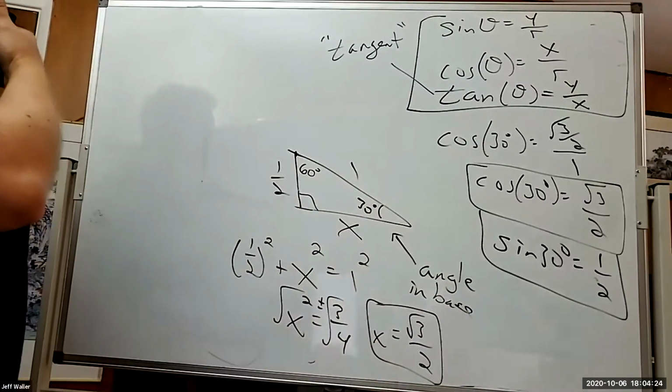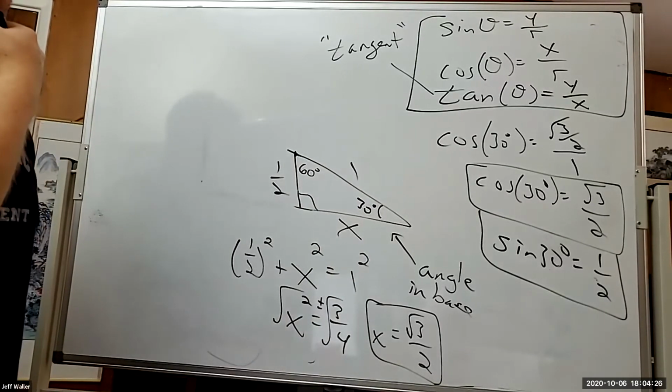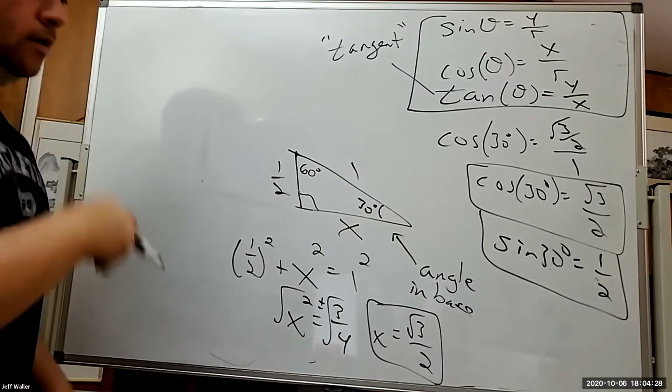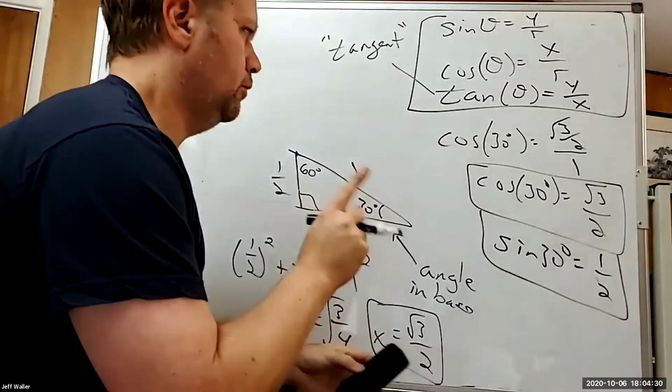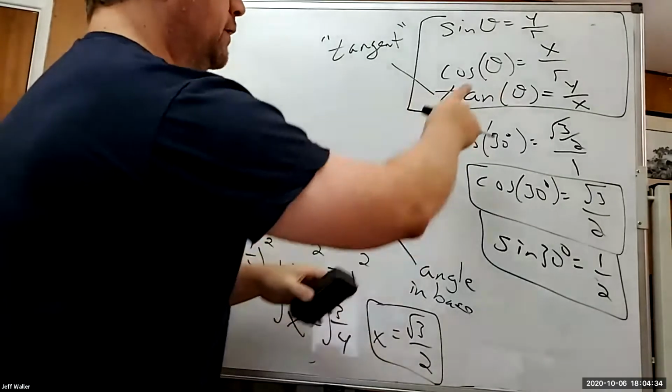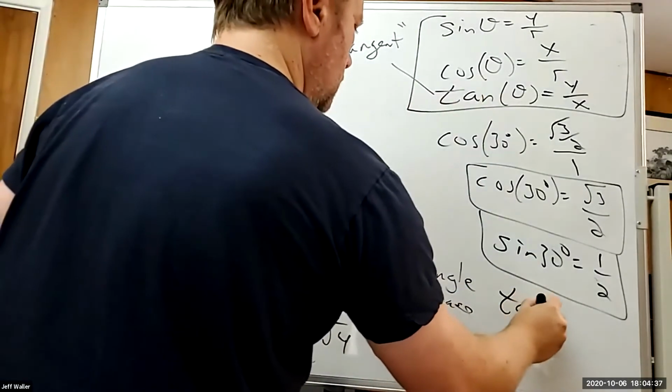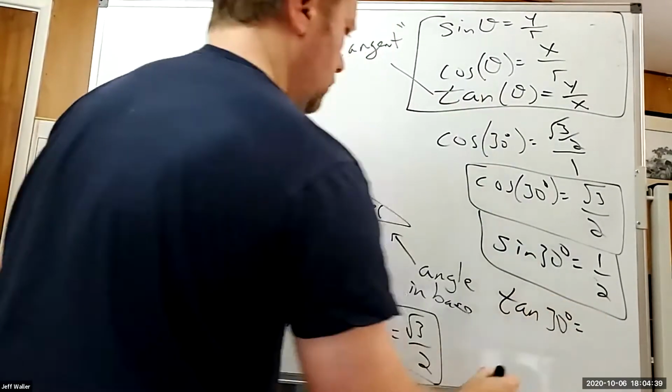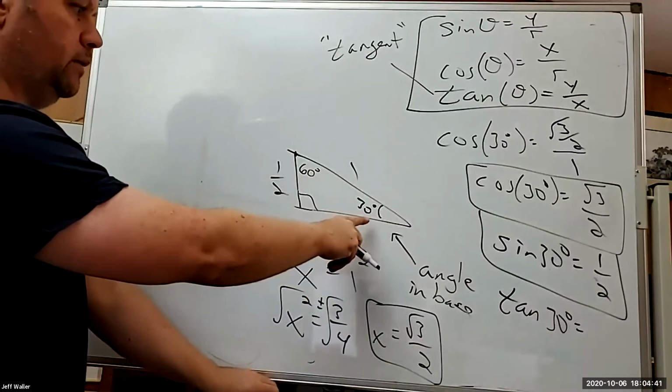All right. So let me show you right now. Well, first off, let's figure out what tangent of 30 is. What would tangent of 30 be?